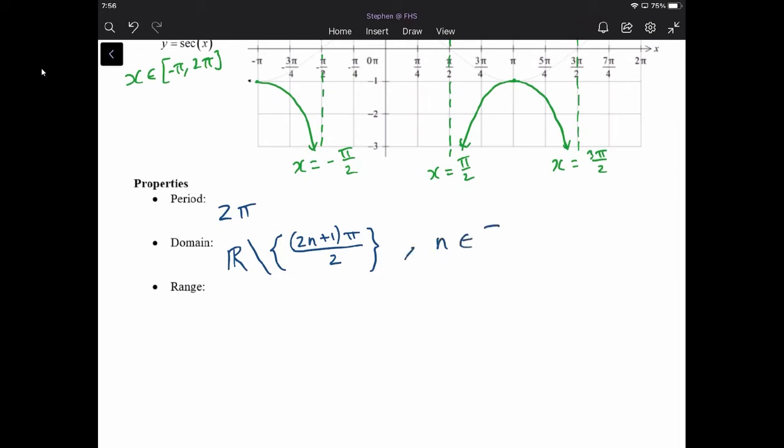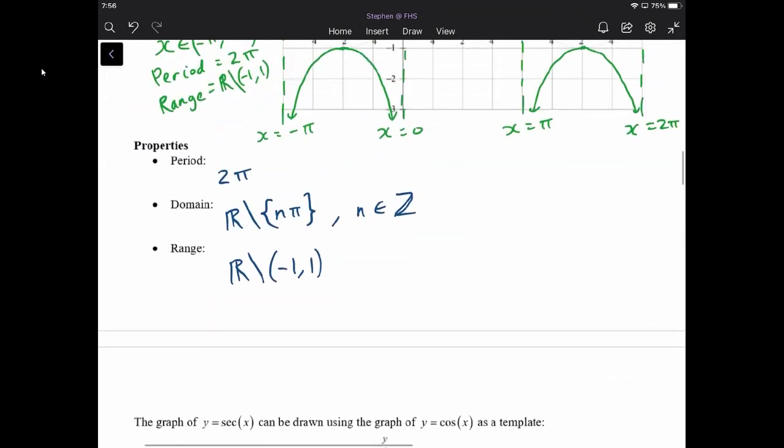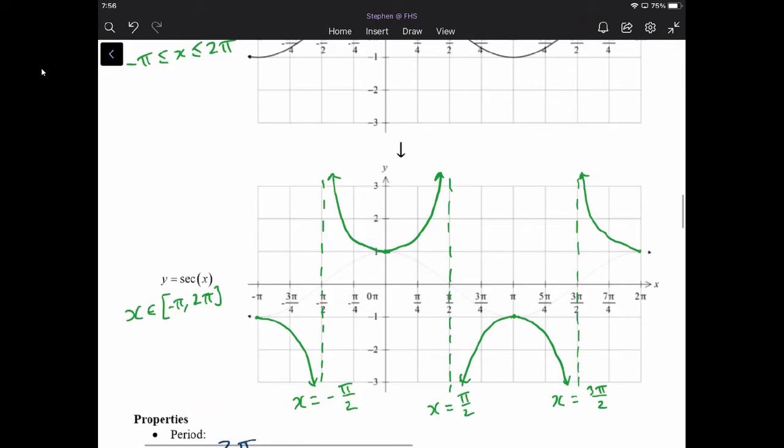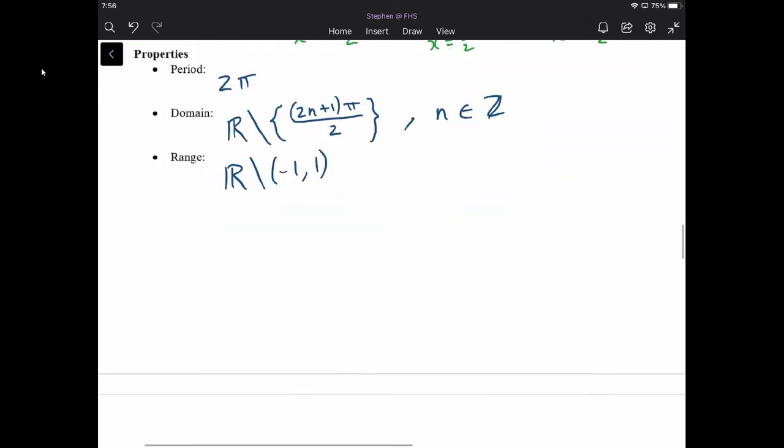And n is, again, an element of Z, just like it was back up in the graph of cosec. So that is the domain. And the range, well, it's the exact same range as the cosec graph. It's R except negative 1 to 1. Okay, there we go. So that's just the basic properties of this particular sec graph.